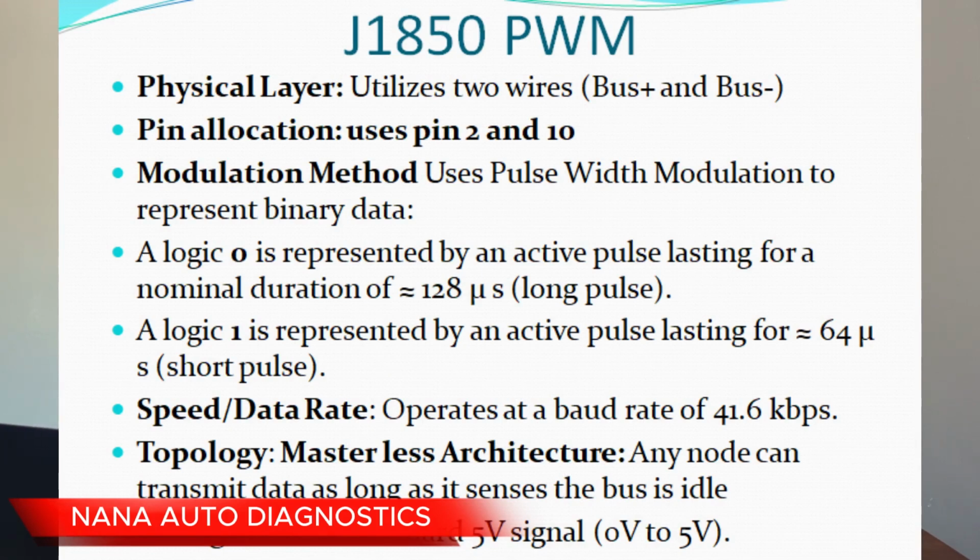And the bus positive is allocated to pin number 2 on the OBD2 port, and the bus negative is allocated to pin number 10 on the OBD2 port. And just as the name suggests, the method of modulation is pulse width modulation. Let me explain that in detail.